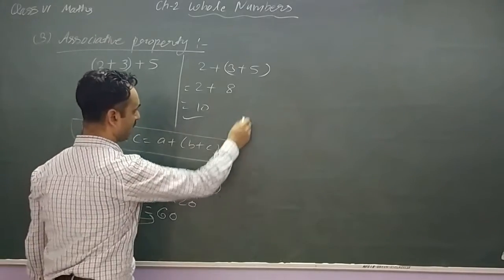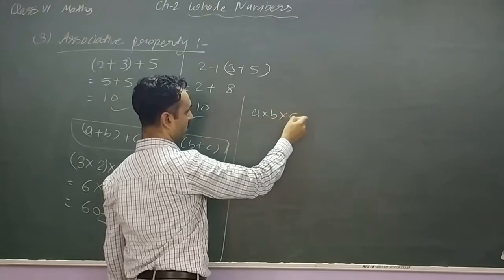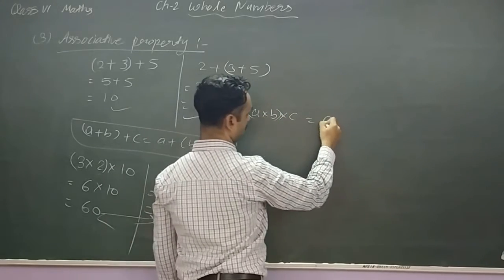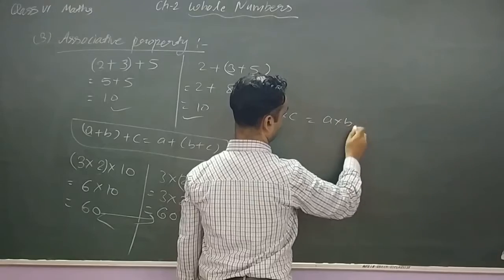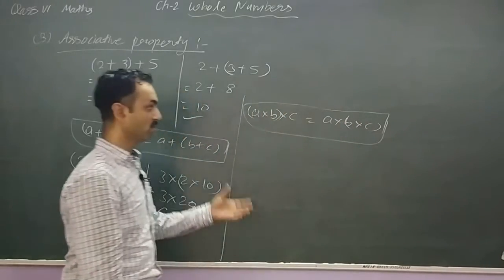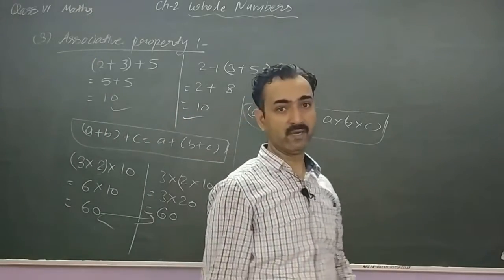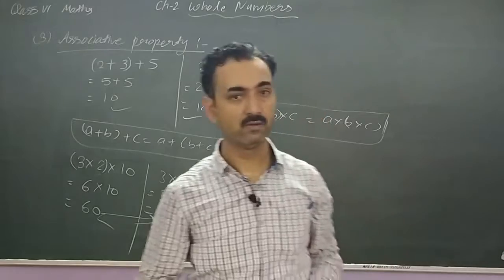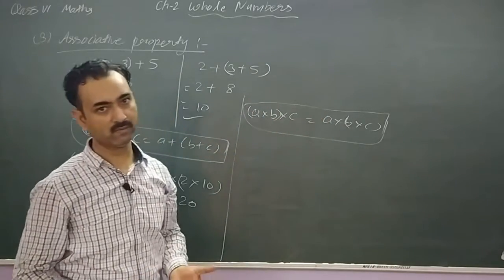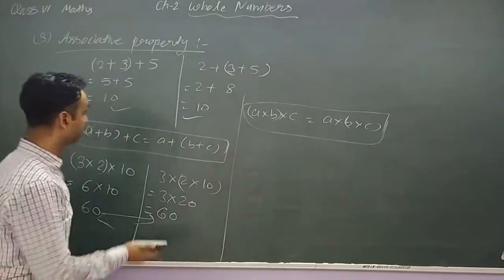So it means we can multiply two whole numbers out of three numbers first. This is a general formula. So this is the associative property. As you feel comfortable, you can add two whole numbers out of three first, and this is applicable also for multiplication.